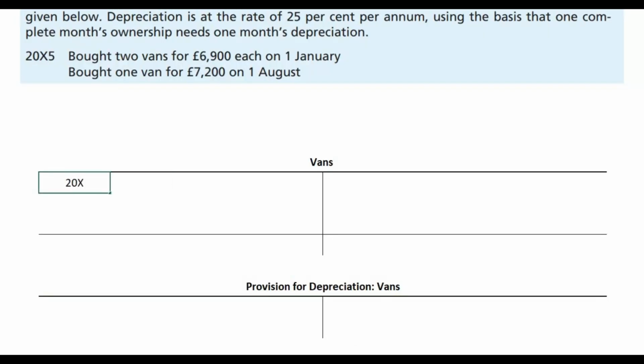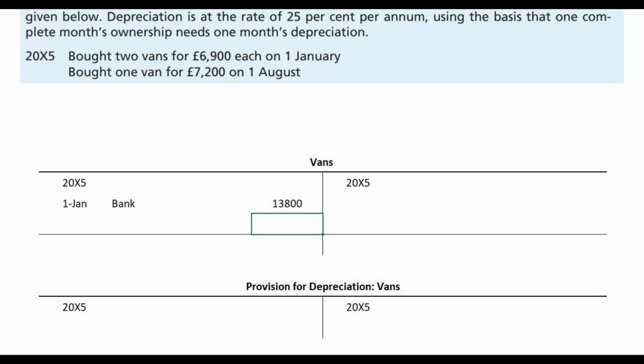On this side first we will write the year, which is 20x5, in both accounts. And in the first column of vans we write the date, which is 1st January, bank, £13,800. The transaction medium is not mentioned, whether it is going through cheque or cash. So when there is nothing mentioned, we take it as a bank.